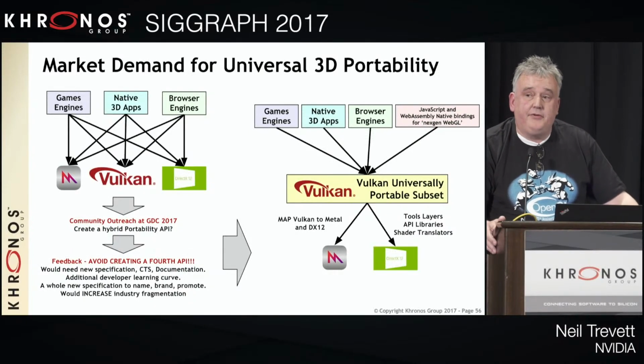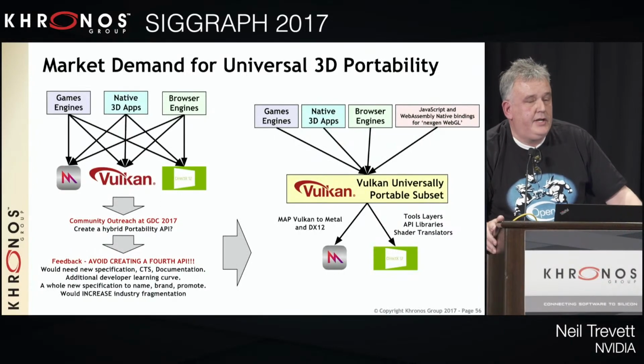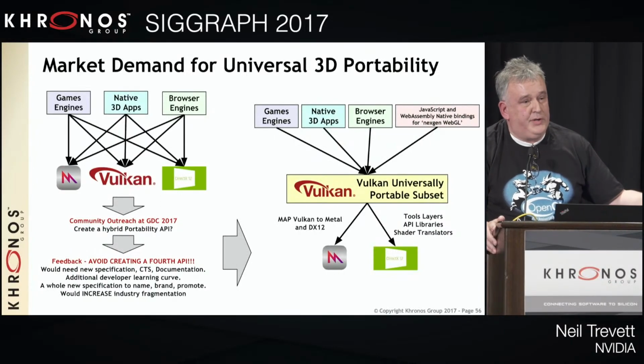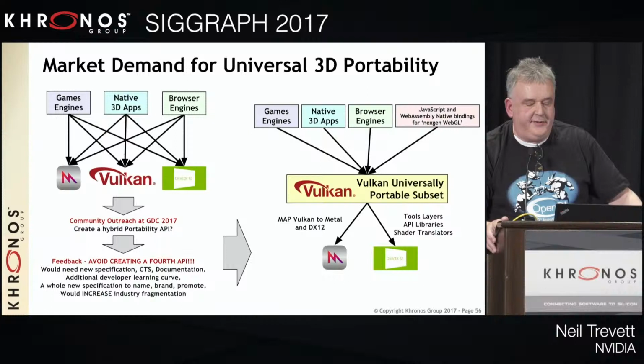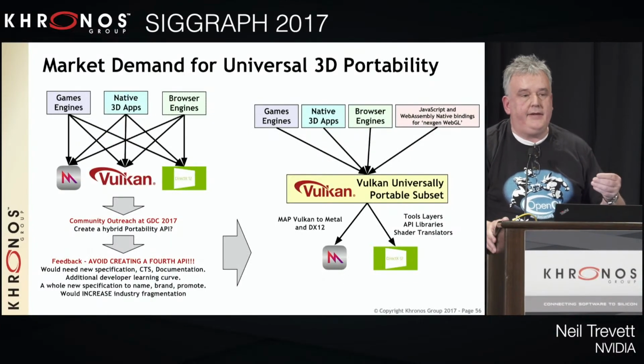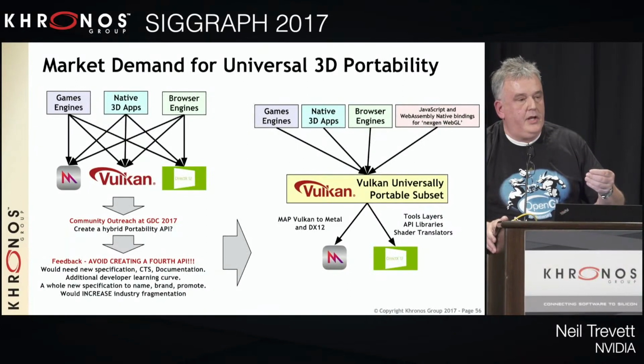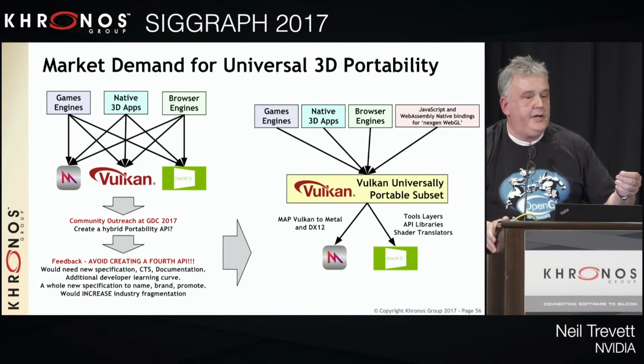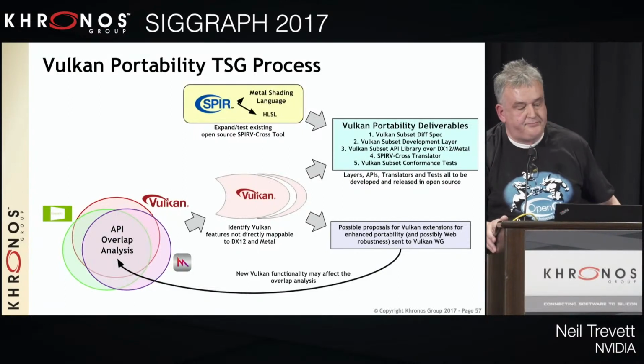The last time we had a universally portable API was OpenGL ES 3.0, and then Apple didn't ship ES 3.1, and things began to be non-universal. So the idea is to create this subset that can be directly mapped to the underlying APIs, so we don't lead people off a software emulation cliff. This subset would be pretty much native performance.